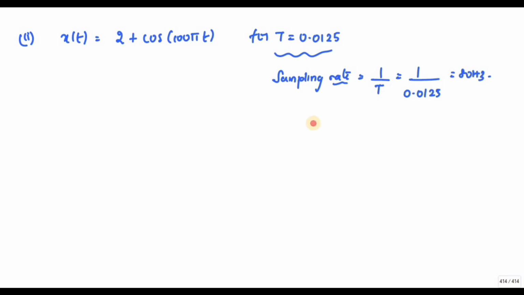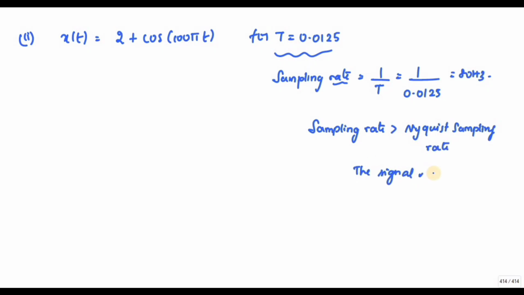Whenever the sampling rate is greater than the Nyquist sampling rate, the signal is recovered. Otherwise, it will lead to aliasing.